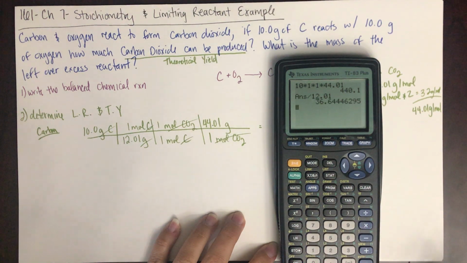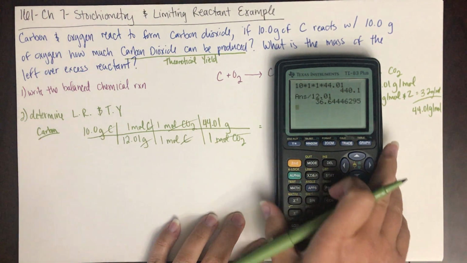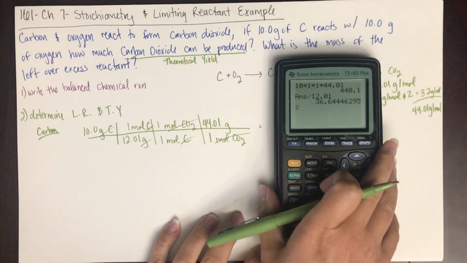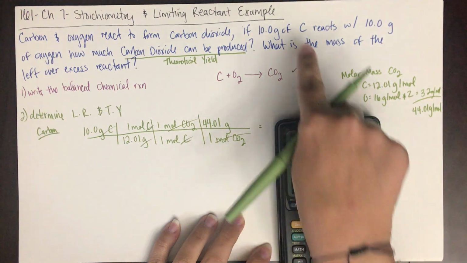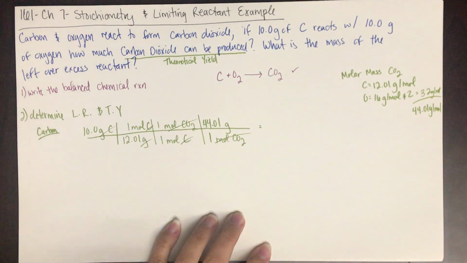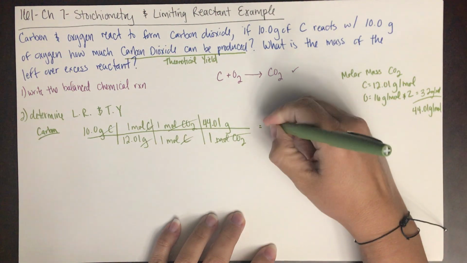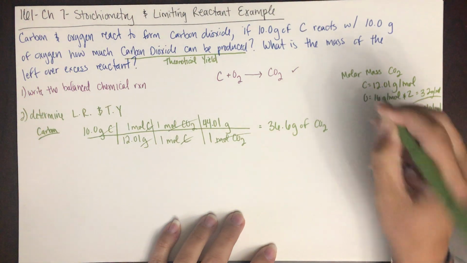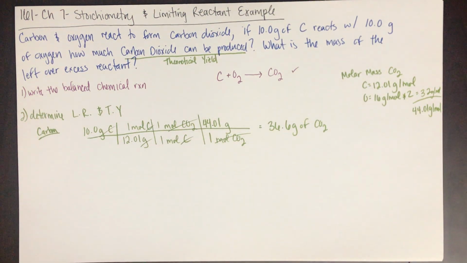And I get 36.64. Remember, the number of significant figures in your answer comes from the number of significant figures in the problem, which is 3. So I'm going to say 36.6 grams of carbon dioxide. That's how much carbon dioxide I can make from 10 grams of carbon.